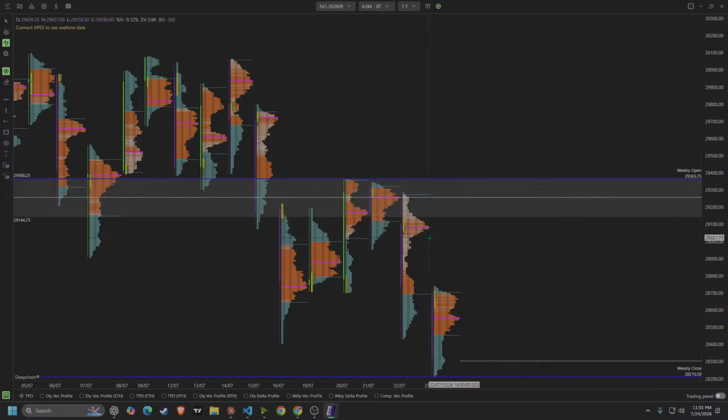So if I was to look for an entry for a short on the higher time frame, I'm likely going to, man, there's two different areas though.